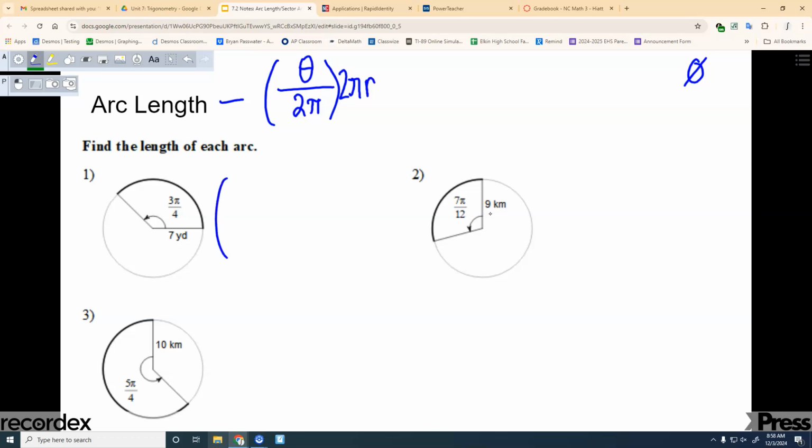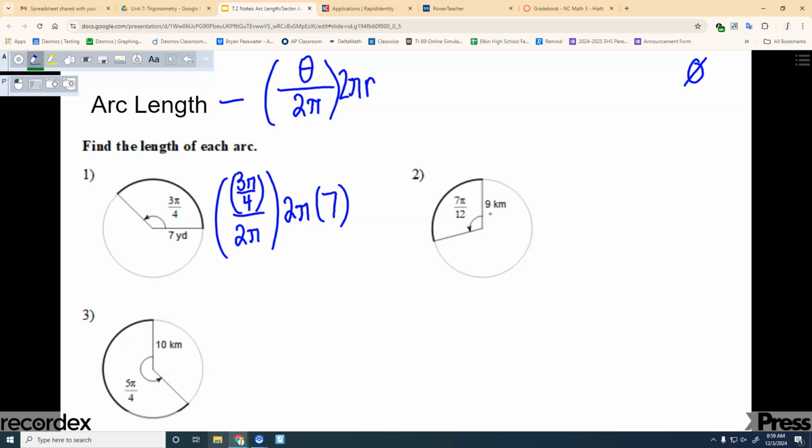So, I would just do 3 pi over 4 divided by 2 pi. It's ugly, but they let us use Desmos, so I wouldn't even worry about it, right? Times 2 pi times, what's my radius? 7.